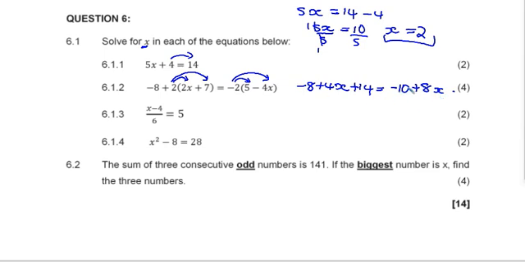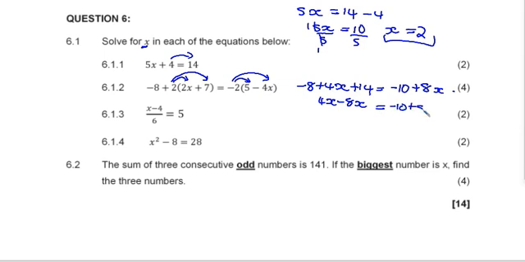Now we should collect like terms. This 8x should go to the left. This negative 8 and the positive 14 should go to the right. Remember, we are grouping like terms there. So we have 4x. This is positive. It goes there. It becomes negative 8x. And then the negative 8 goes to the other side.